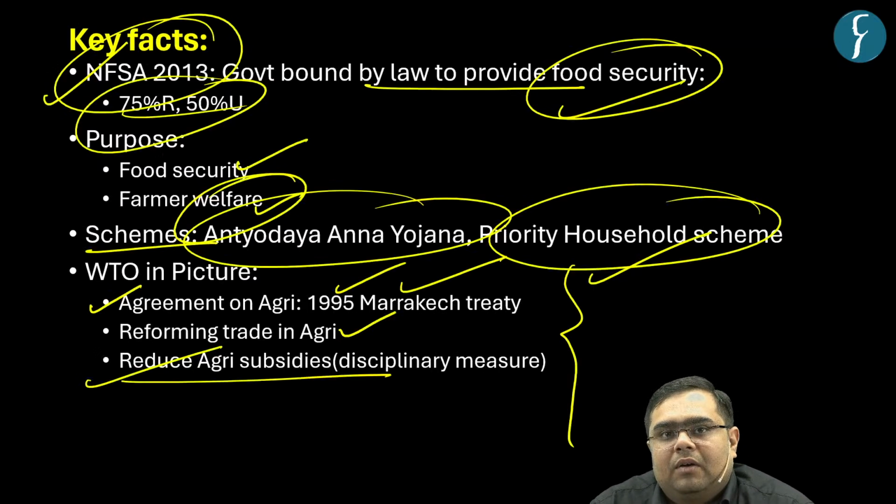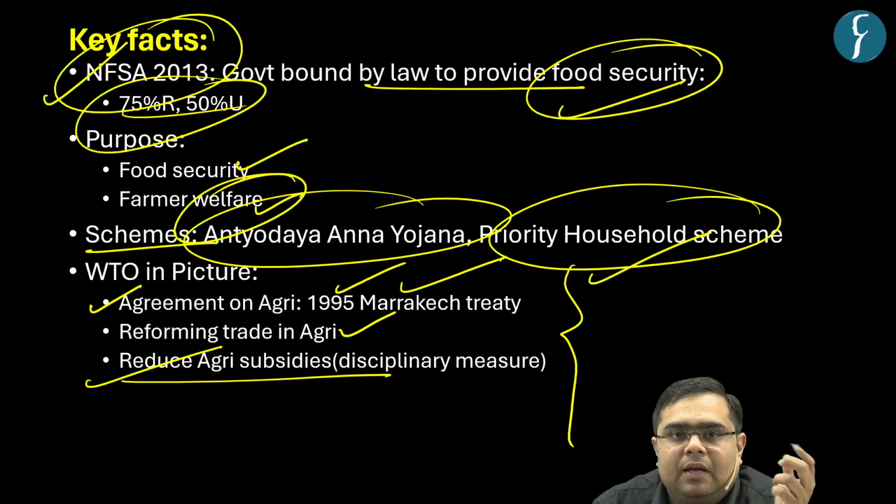So what is the key issue? Since India uses the minimum support price mechanism for mandatory procurement of essential food stocks, right? The purpose of that is first to ensure food security, and second, that particular stock could be exported.